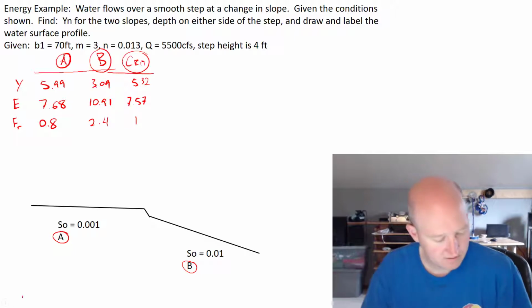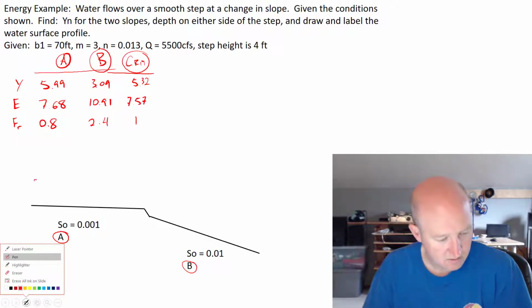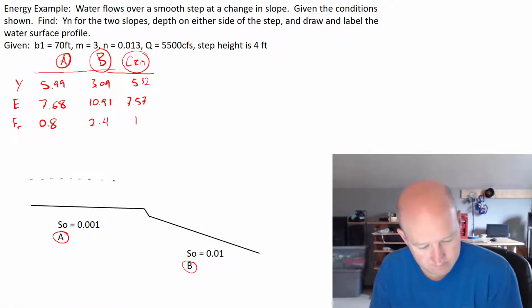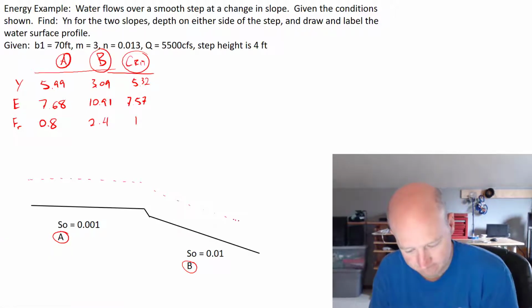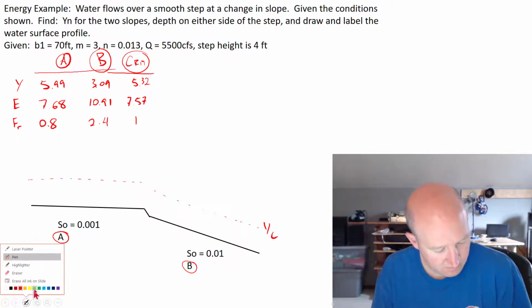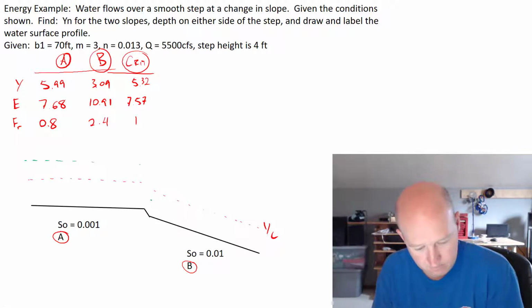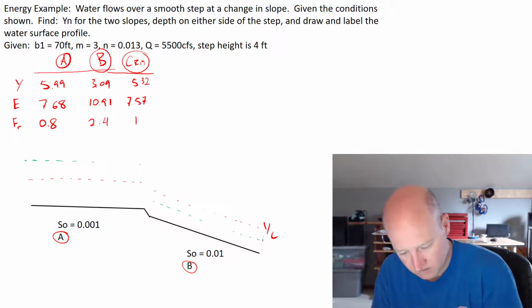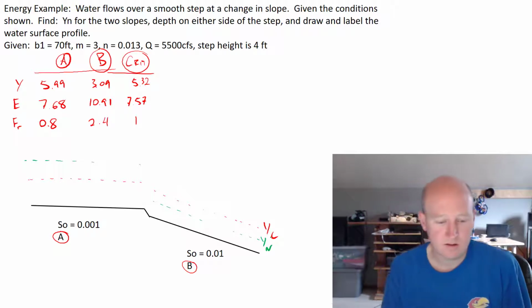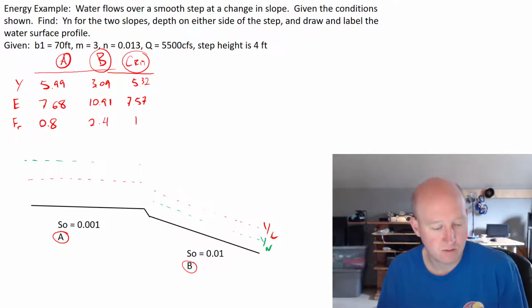So we can sketch this out. We've got critical depth, and we've got normal depth, and then we've got this change in slope.